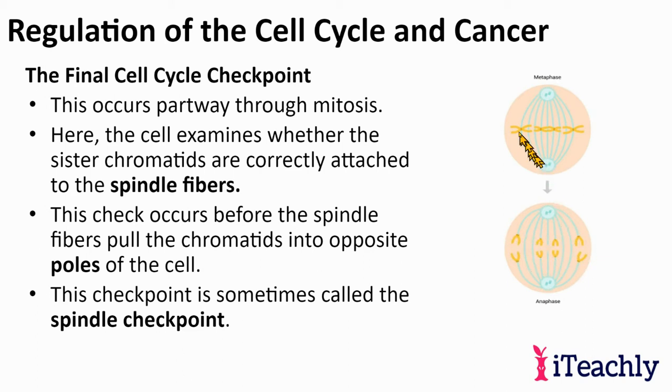So this is really making sure that they line up correctly, and that one sister chromatid goes here and one sister chromatid goes here. That's what this is checking for. So the check occurs before the spindle fibers pull the chromatids into opposite poles of the cell. This checkpoint is sometimes called the spindle checkpoint.